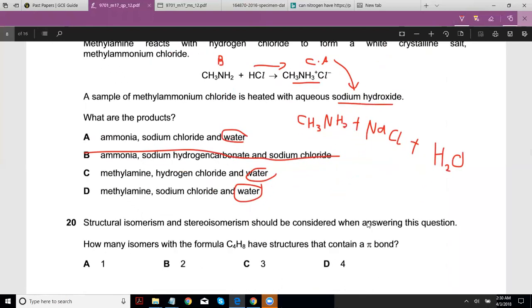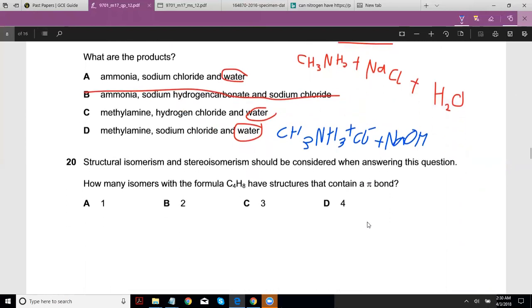Just to better understand this particular equation, if I just use blue for a second. So basically you had CH3NH3 positive Cl negative plus NaOH. And what happened was that आपका CH3NH2 रह गया, H positive चला गया into the OH negative to form H2O, that is water.